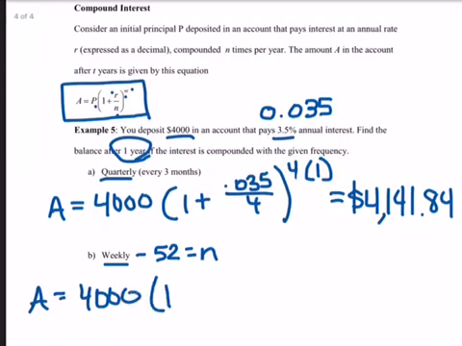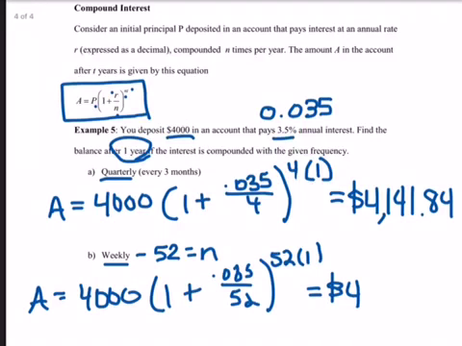I start with the 4,000. And I'm going to plug in 1. So I will have $4,142.43. So that one would be slightly better to have. And then I want you to try the other one.